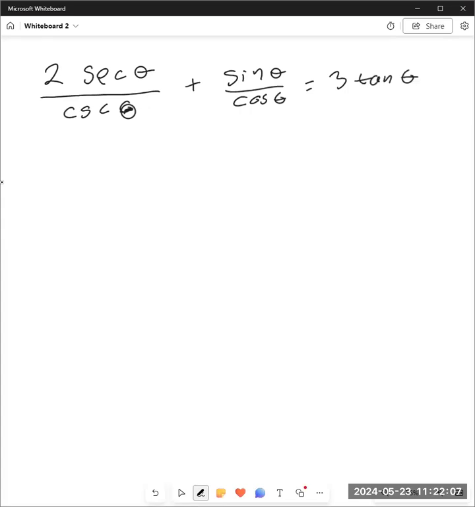So let's go ahead and make this 2 sine theta over cosine theta. I'll show you what they're going to do. They're actually going to make this secant theta turn into a 1 over cosine theta, and they're going to make this 2 over cosine theta, and they make this cosecant theta change into 1 over sine theta.